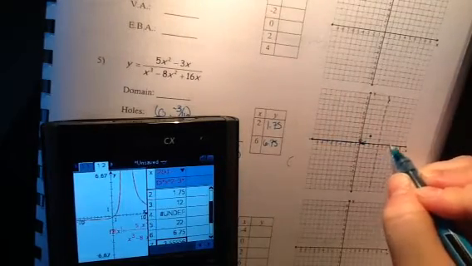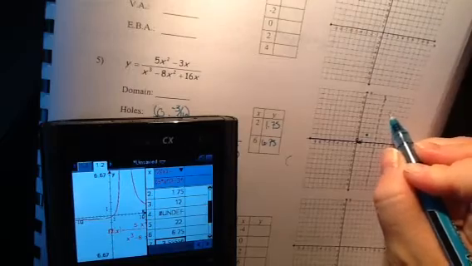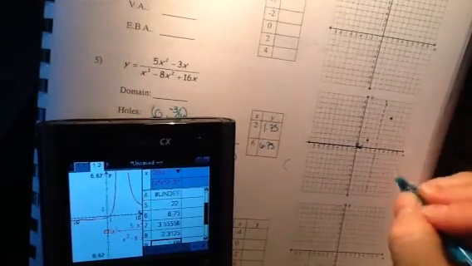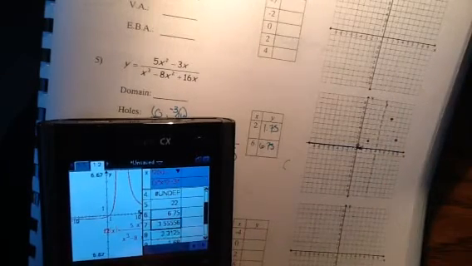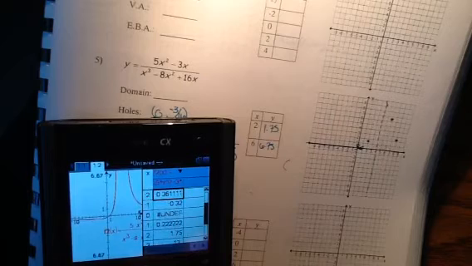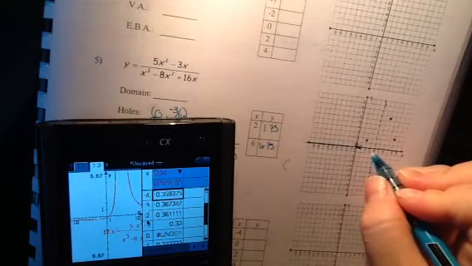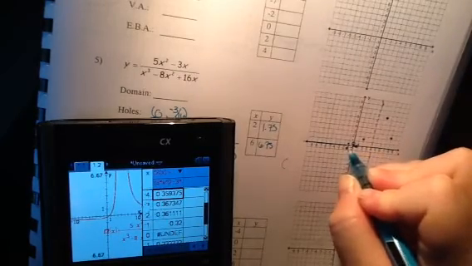And you can keep graphing other points, like at 8 you're at 2 and a little bit. If I want to go the other way, like at negative 1 you're down here.